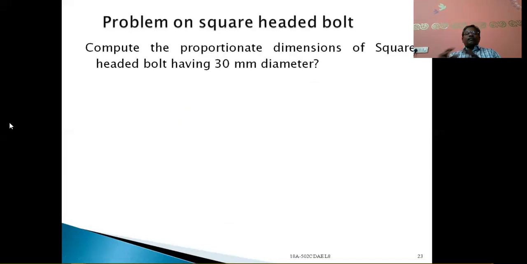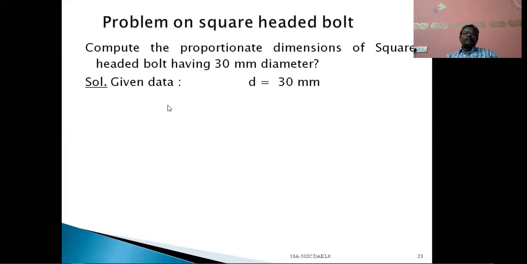So far we have completed only hexagonal headed bolts and hexagonal nuts. Now let us compute the proportionate dimensions of square headed bolt having 30 mm diameter. And similarly, for square nut also we have to calculate based on the same size.